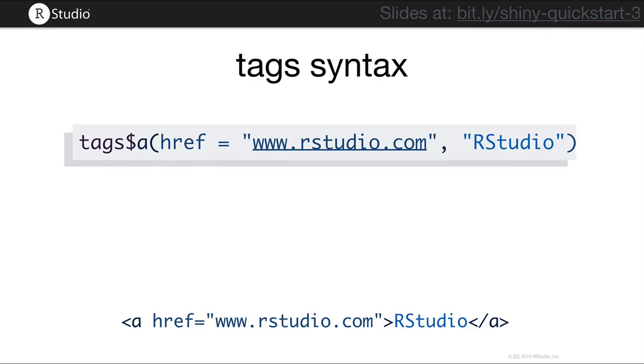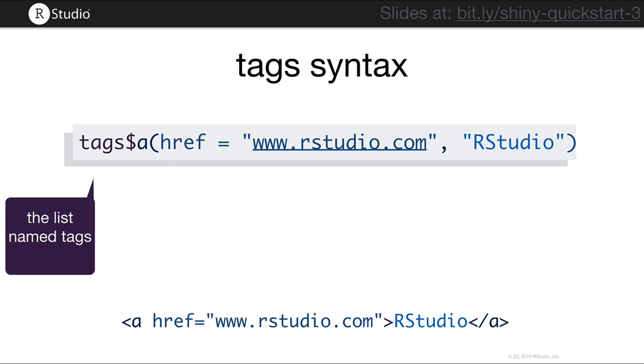So these tags functions have their own syntax. They're all part of the tags object, so you have to find them there. In many cases, you couldn't write something like table, which is one of the tags, and expect to get the tags function that creates a table. R has its own function that does things related to tables, whose name is table.